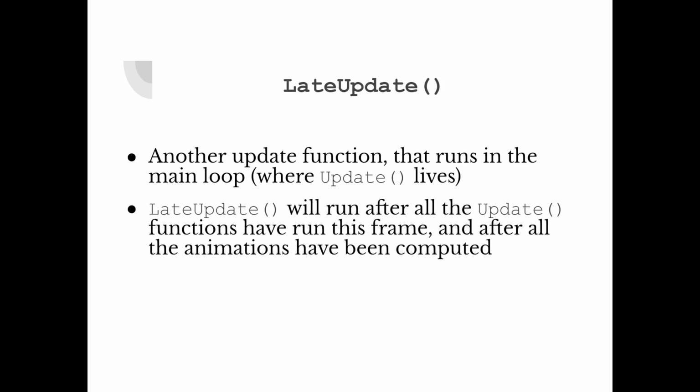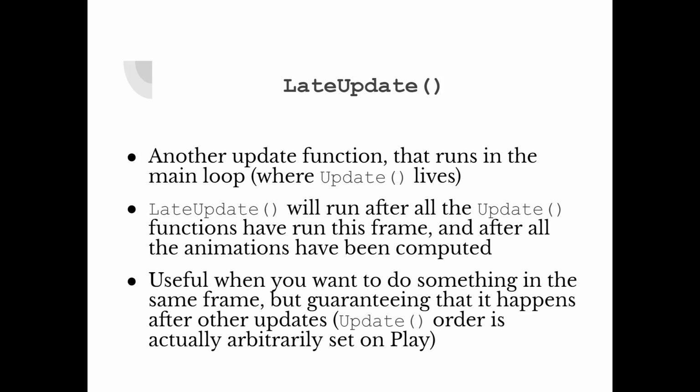So if you need to do something globally, or that depends on the behaviors of all the other objects that are being updated, you use LateUpdate for that. It runs after the updates for the whole frame and after all animations have also been computed. So anything that is being updated as part of an animation is also happening right before LateUpdate.